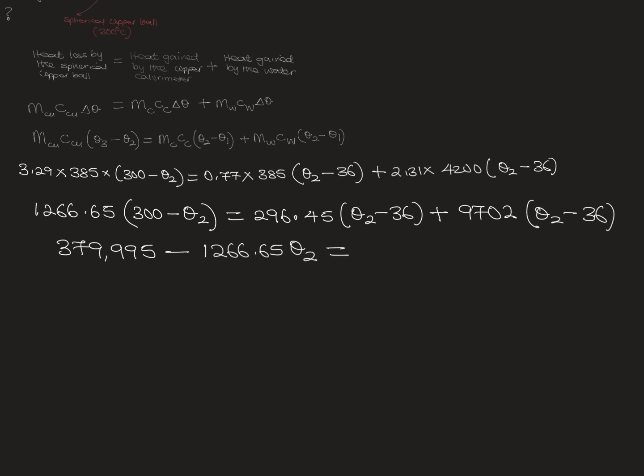This is equal to 296.45 times theta 2, that is 296.45 theta 2, minus 296.45 times 36, which is 10,672.2.